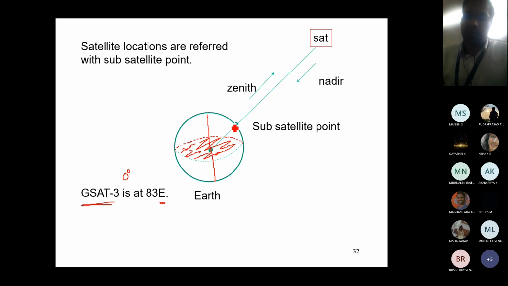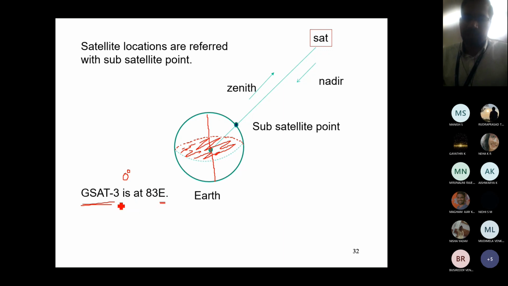Based on the latitude and longitude of the subsatellite point, we represent the location of the satellite. Understood? So if it is given that the satellite is located at this particular coordinate, it is understood that the subsatellite point is exactly here.